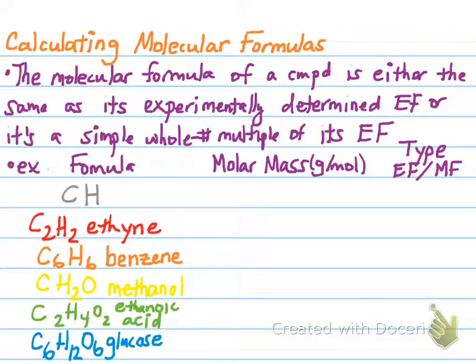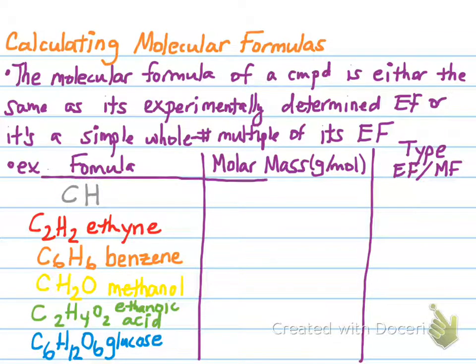So go ahead for these and calculate the molar mass and decide whether they are empirical formulas or molecular formulas. And if you need more time, then pause the video.